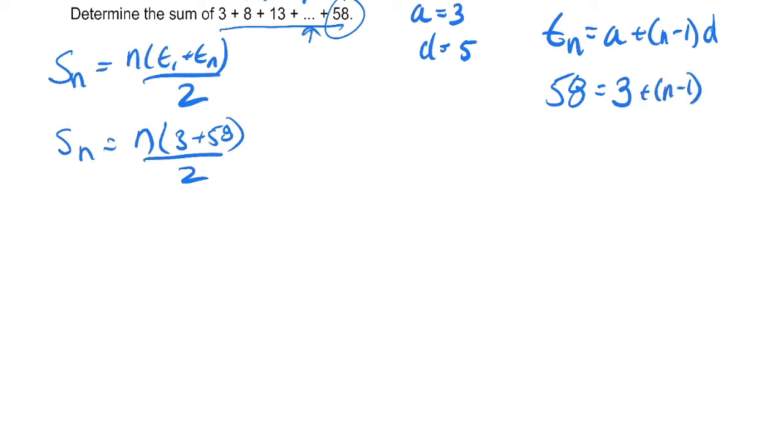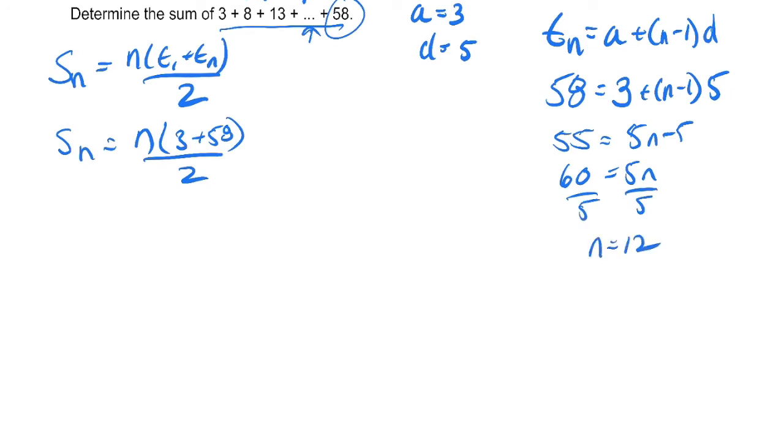And the common difference is 5. In this case, we're going to subtract 3 from both sides. So I'm going to get 55 is equal to, expanding this, 5n minus 5. We're going to add 5 to both sides. So there's 60 is 5n. Divide both sides by 5, so that we see that in this case, n is 12. In other words, this series has 12 terms in it that we need to add. So we're actually calculating S of 12.